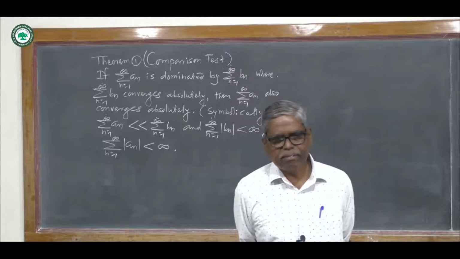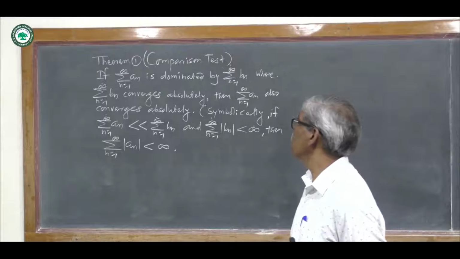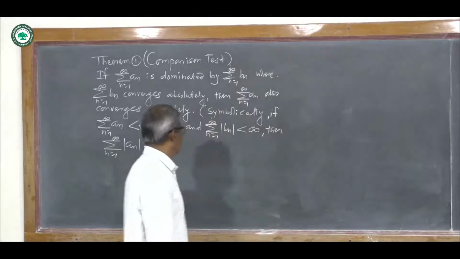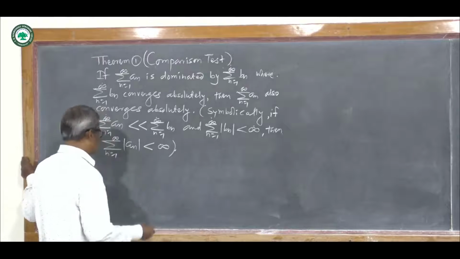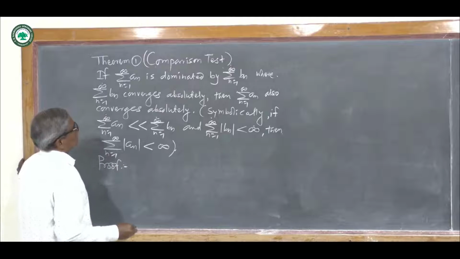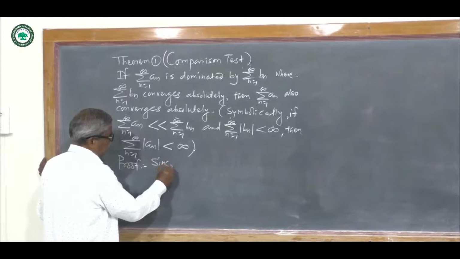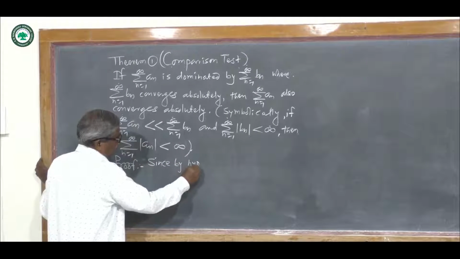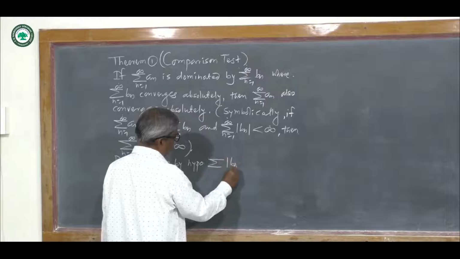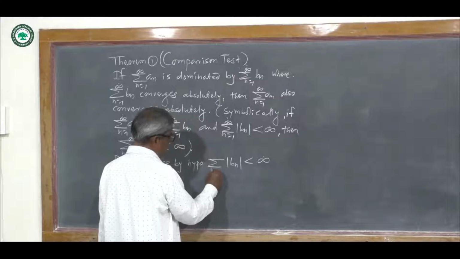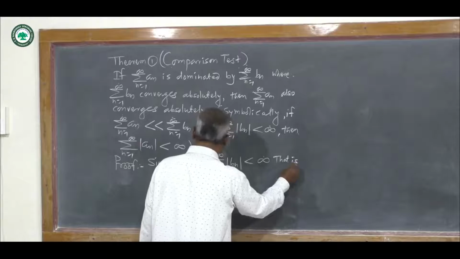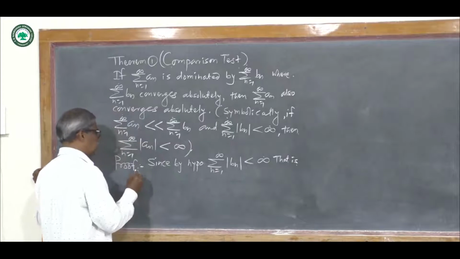Proof. Since by my hypothesis sigma mod bn is less than infinity, n is equal to 1 to infinity, that is, sigma bn converges absolutely.